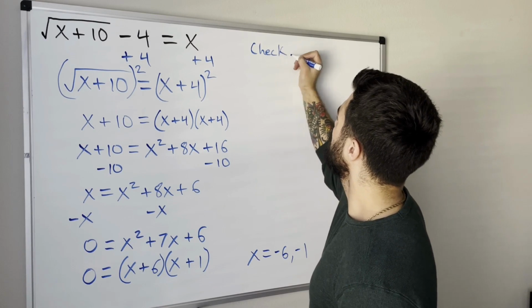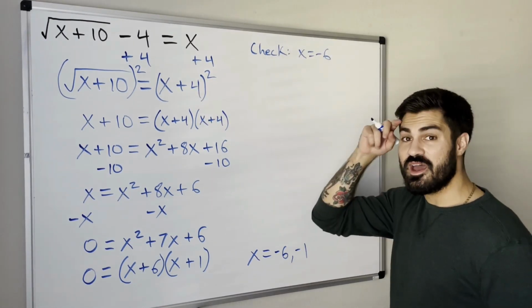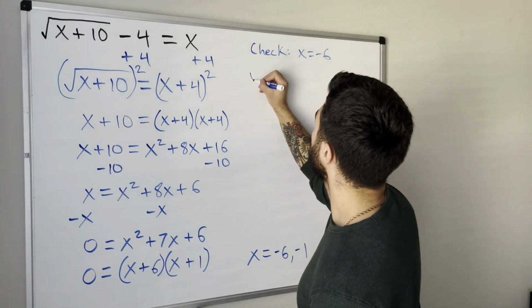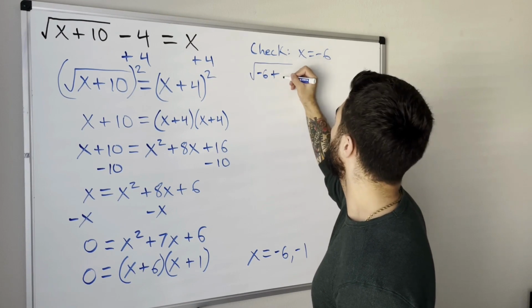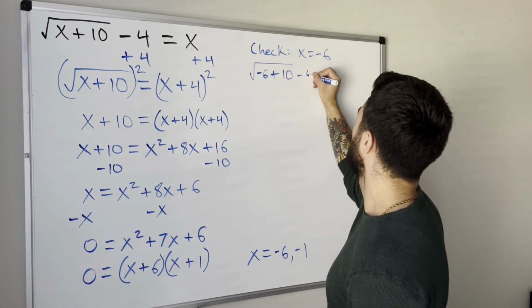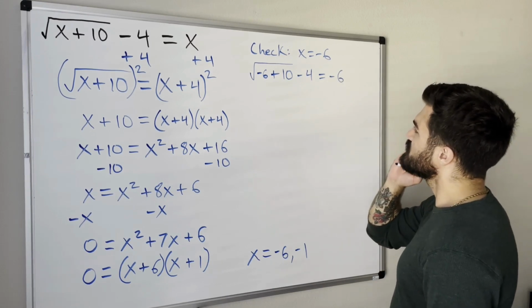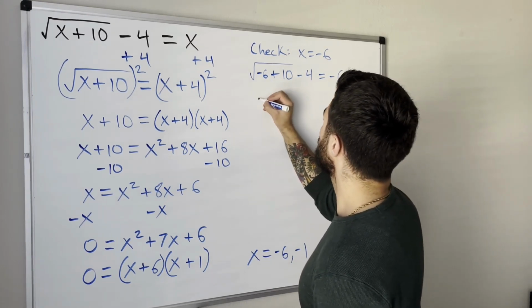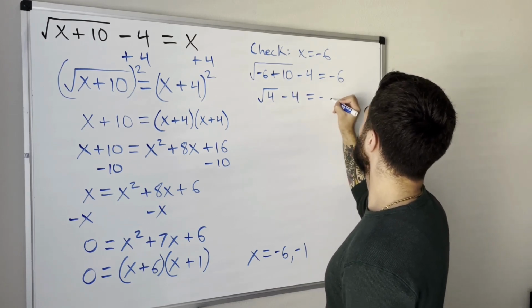We'll start with -6. Let's check x equals -6 in that original equation here. What that's going to give us when we do that substitution is the square root of -6 plus 10, minus 4, equals -6. So let's see, -6 plus 10 gives us 4. So square root of 4 minus 4 equals -6.